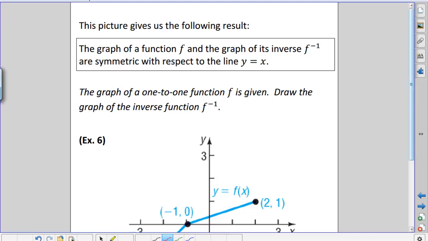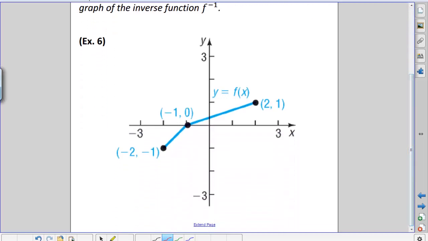And so if we wanted to use that to draw the inverse of this function right here, I think that's pretty simple. We've got -2, 1. We just need the point. If we switch the x and the y, -1, -2 is right here. -1, 0 becomes 0, -1.